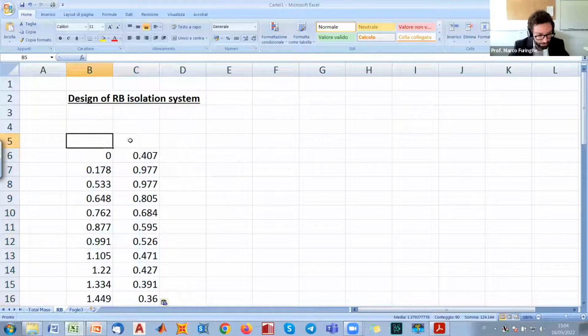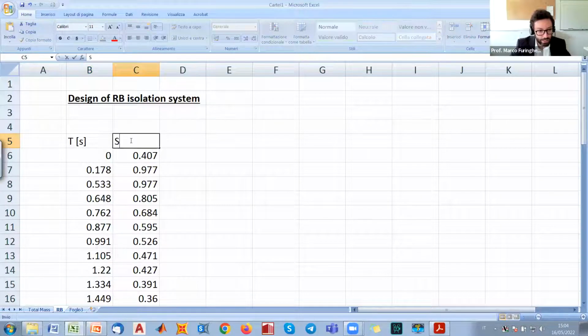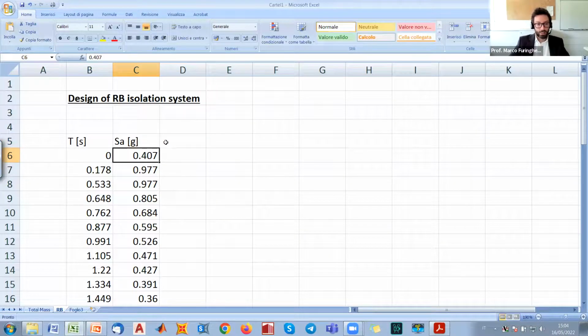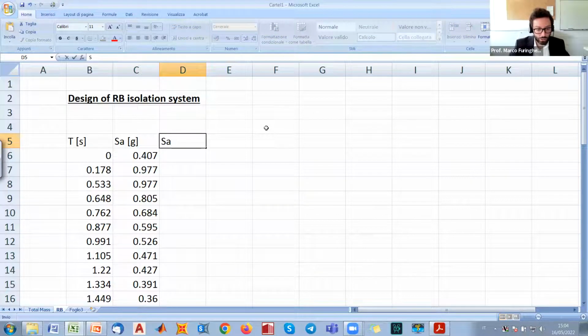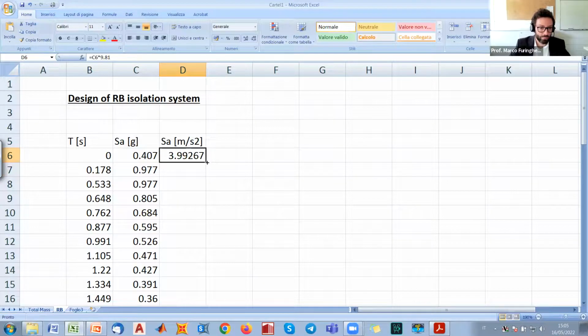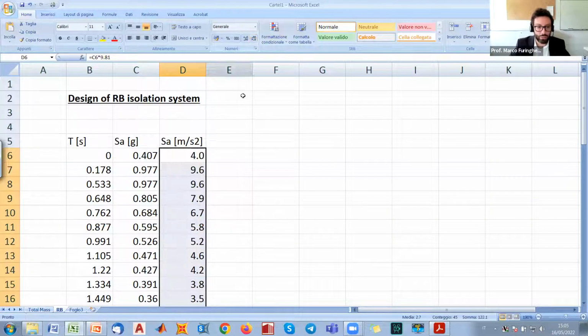Let's remind that this is period in seconds, and these are spectral accelerations in G. If we want to be sure, we define another column, which is spectral acceleration in meters over squared seconds, which is just the previous column value times 9.81. And we will use these values instead of the first.